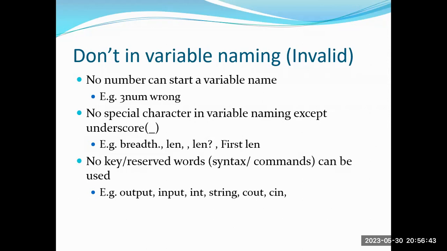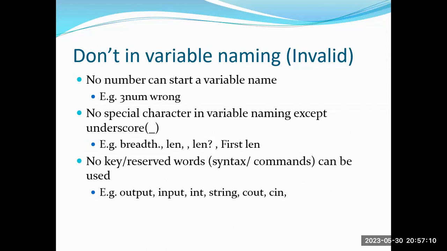Then three, we don't use key or reserved words. Key and reserved words, normally I call them the syntax or the commands. They cannot be used. An example is when we start using pseudocode, we'll be using output, input, int for data type, string for data type.